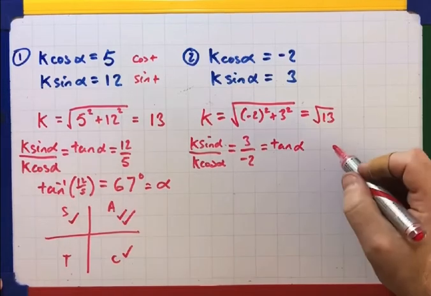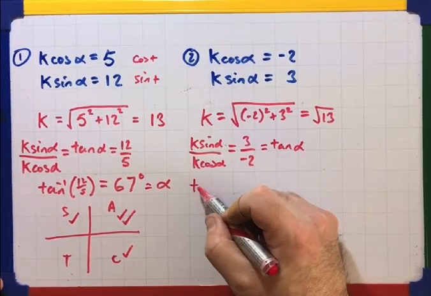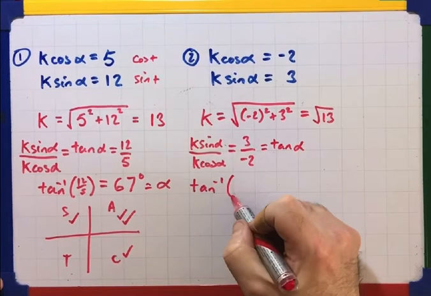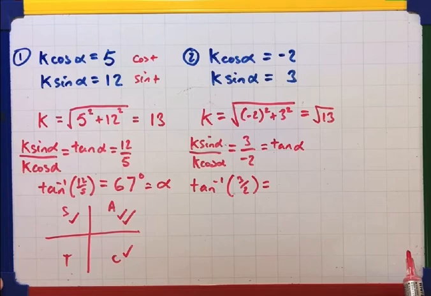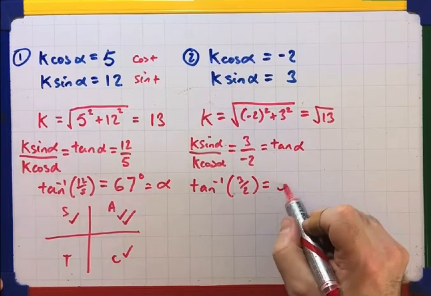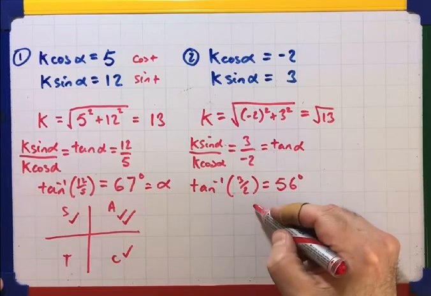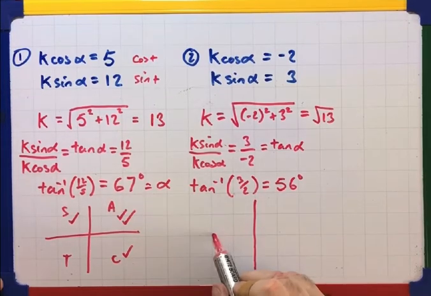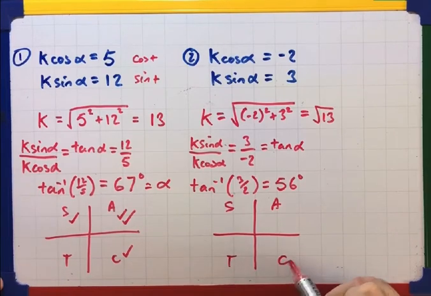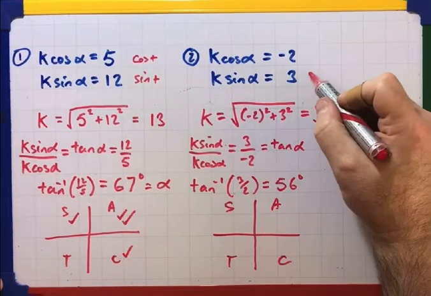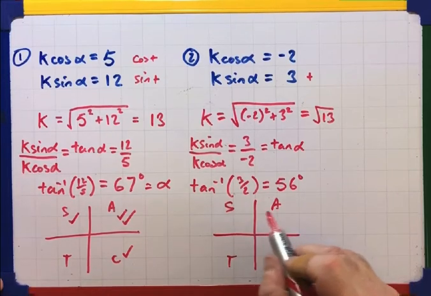Now what I'm going to do first of all is do inverse tan of 3 over 2. I'm going to work out that first quadrant angle. If I do that, that gives me 56 degrees. But now we need to consult our CAST diagram again. Remember, all, sine, tan, cos. Here we know sine is positive, isn't it? Now sine is positive in those two, all and sine.